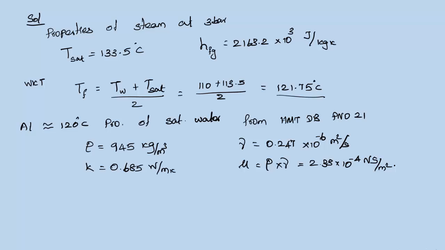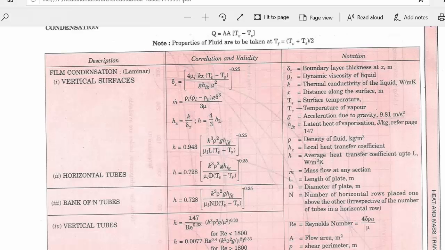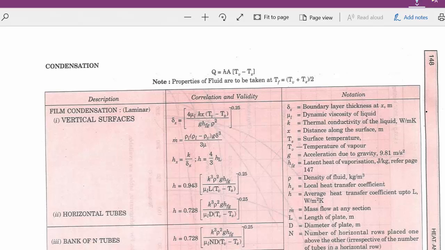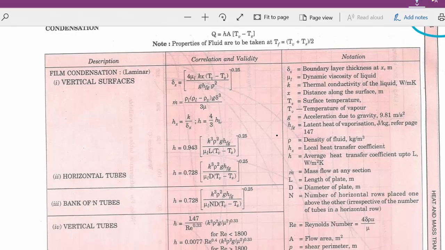Okay. Now, next thing in the problem, you are asked to find out the film thickness value and local heat transfer coefficient. For that, you have to refer to the data book. Go to the data book. So, this is the data book. In page number 148, in this version of the data book, the formulas are given for condensation.